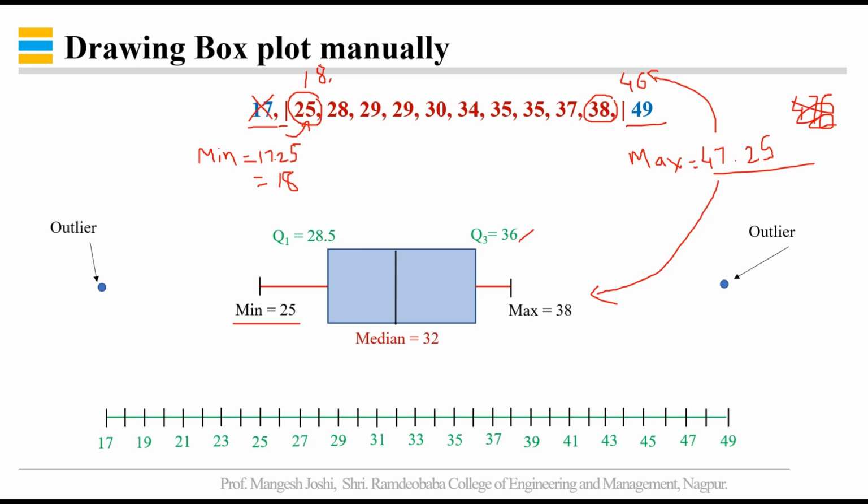So always remember that after neglecting the outliers, the next higher or lower value in the dataset you have to take as the maximum or minimum value. So we have drawn this box plot indicating the maximum value at 38, minimum value at 25, and median at 32.